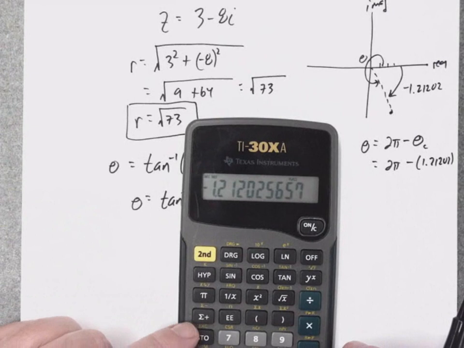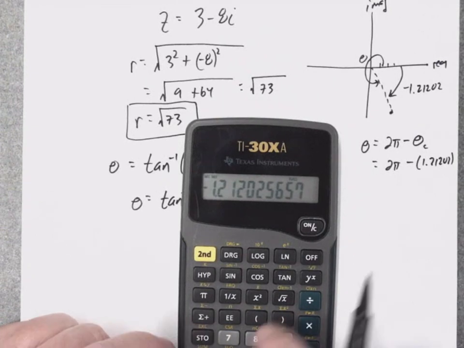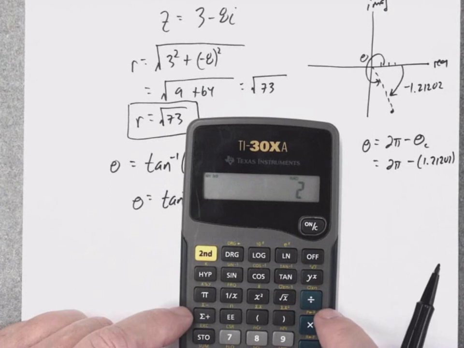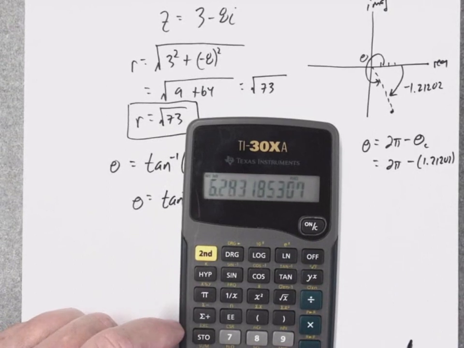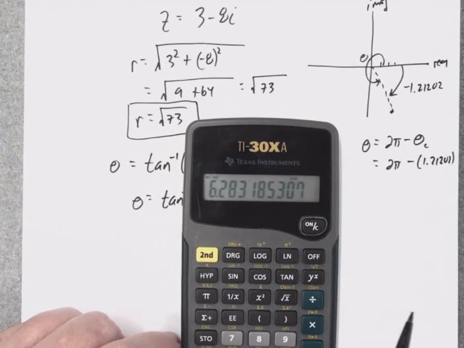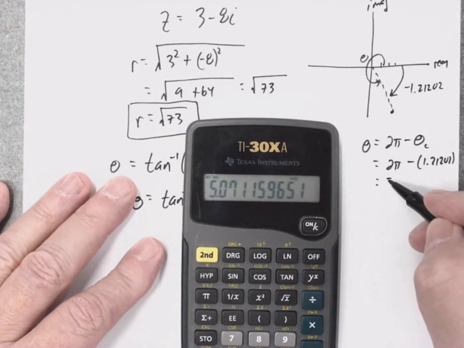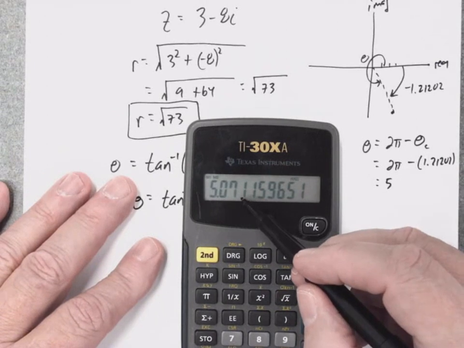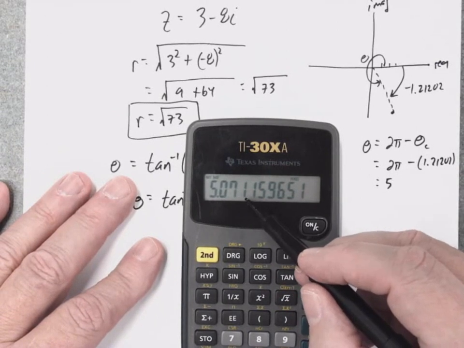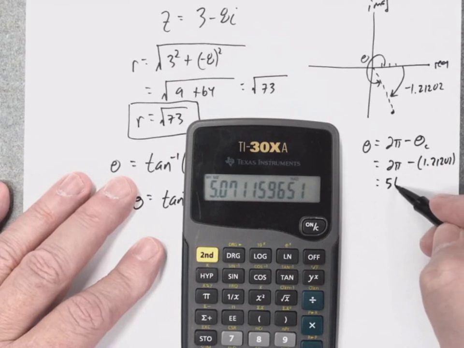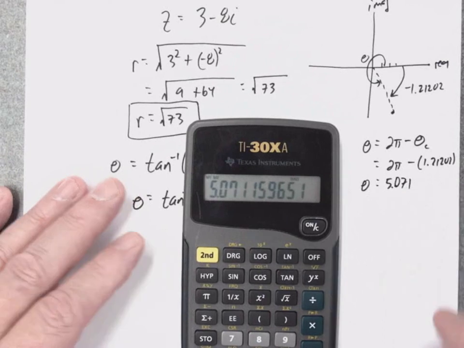I have to store this, and then do 2 times pi minus it. So 3 digits, 5.0711, so 5.071. So there's theta.